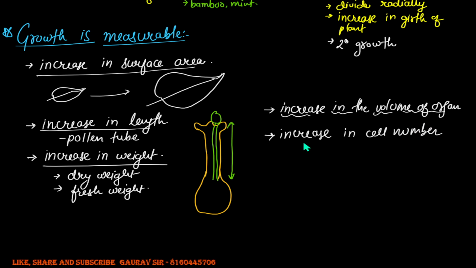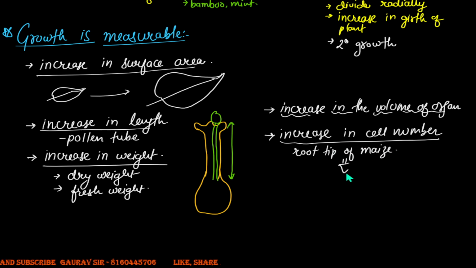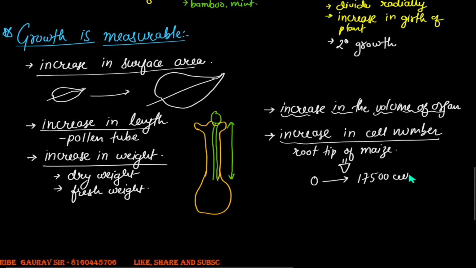We find that structures like the root meristem, the root tips of the maize, have a tendency to divide. A single cell can divide and produce as many as 17,500 cells per hour. That's a significant amount of cells added in the root of a plant.